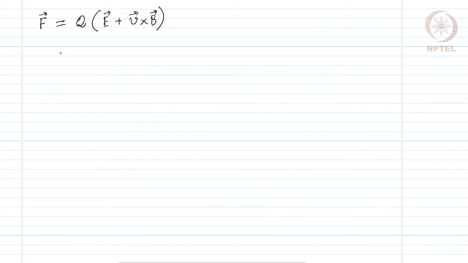That means mass times the acceleration equals this quantity, and the acceleration is m y double dot in the y direction plus z double dot in the z direction.